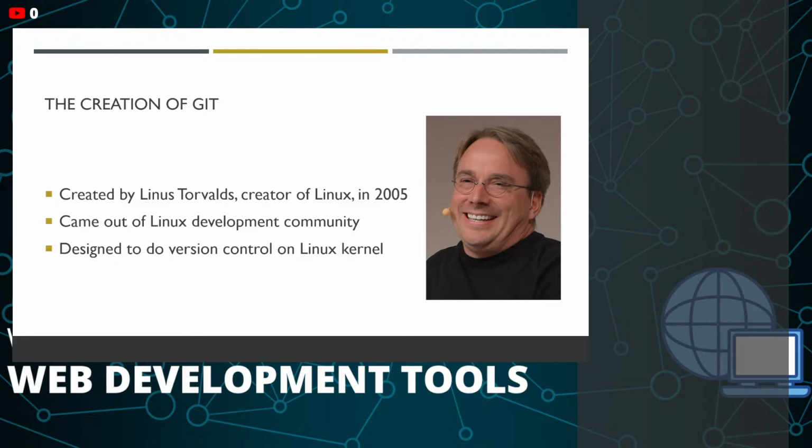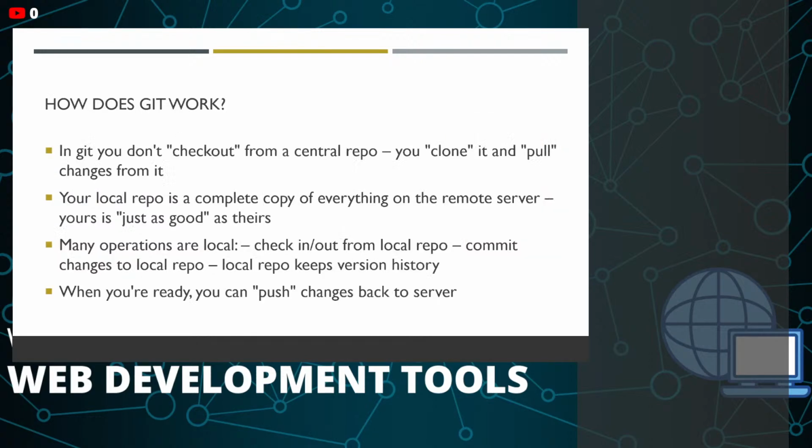The development on the open source Linux kernel justified the need for Git. And then Linus Torvalds basically just pulled a Thanos and said, fine, I'll do it myself, and made Git to be able to use in his projects. So how does Git work?